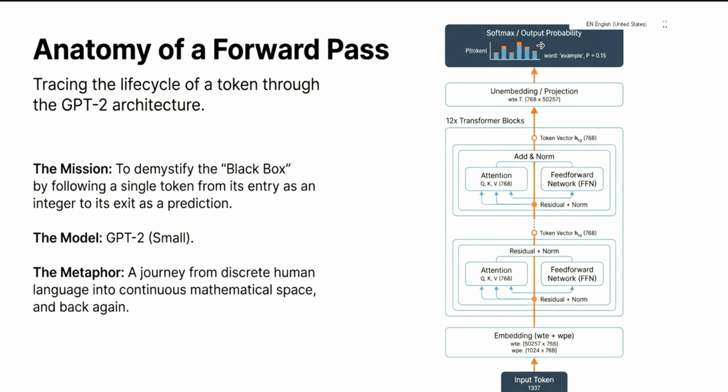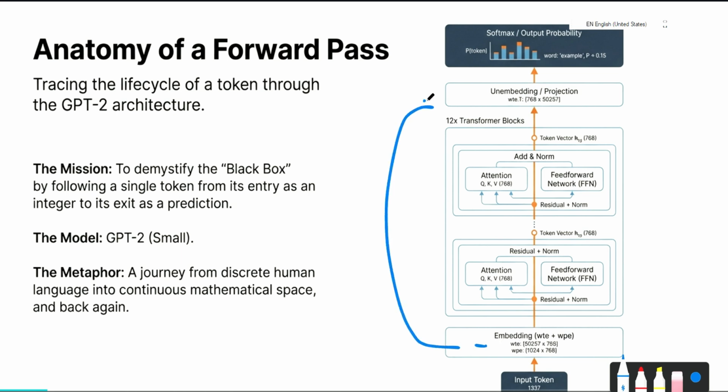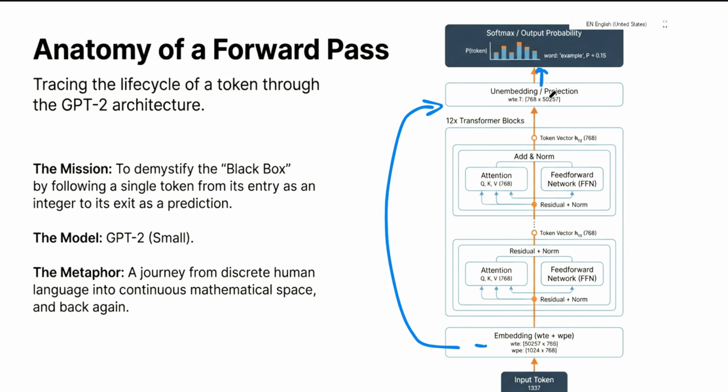So basically, when you give an input token, you move it through the whole model, then you unembed it by multiplying with the weight matrix, transposed.